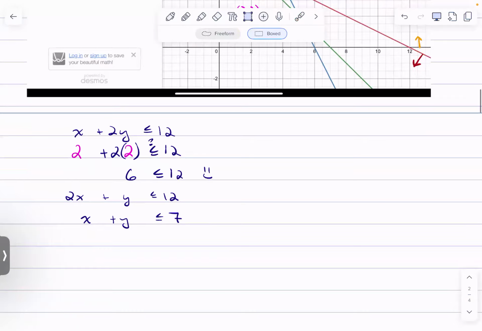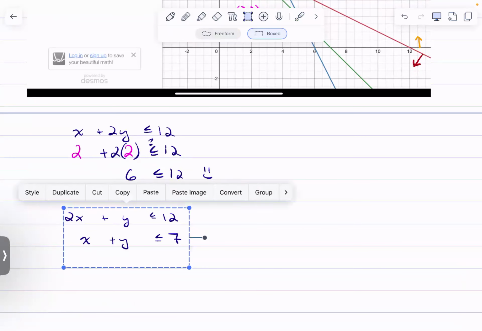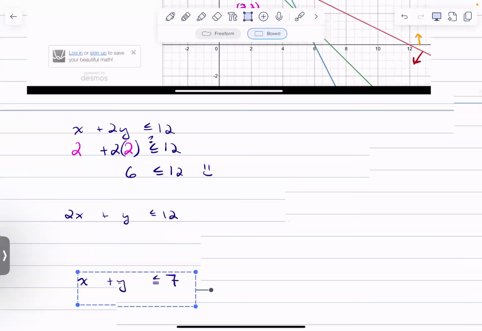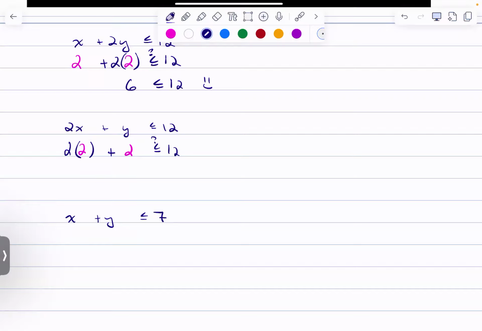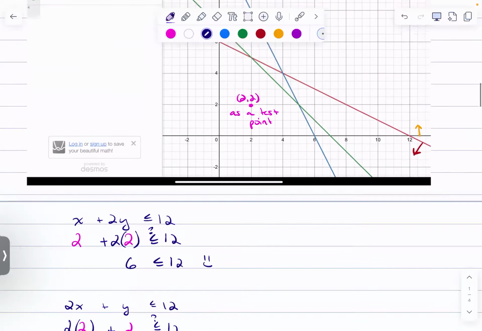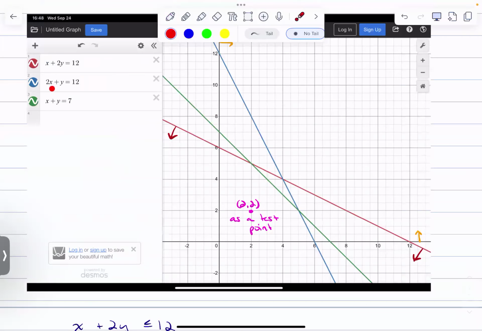So then, let me do this one. So 2 and 2, well, 2 times 2 plus 2, is it less than or equal to 12? Well, again, that's 4 plus 2, which is 6, which is less than or equal to 12. So then 2x plus y, that's the blue line.